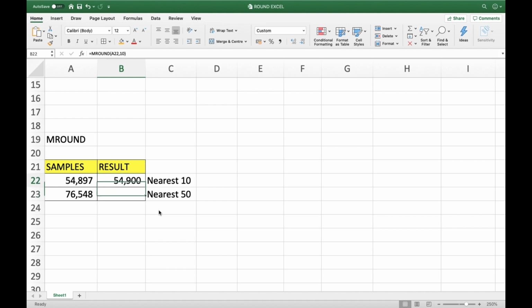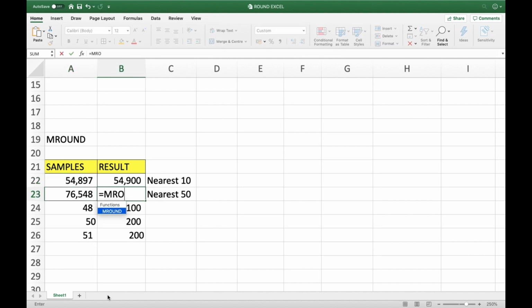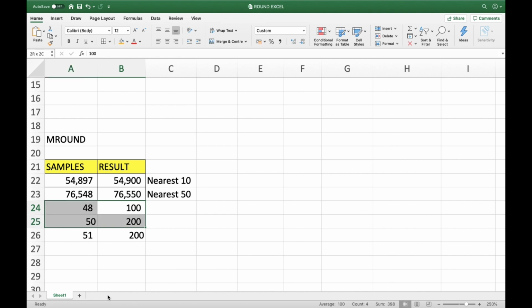Even if you give nearest 100, it will give you the same answer, because after 54,800 it goes to 54,900. Now if I use this MROUND with the number and the nearest 50, it will give me 76,550, the coming 50. Okay, hope you understood this formula.